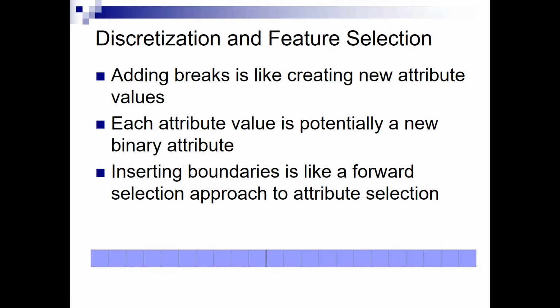But you could think of it as two binary values, one that's A versus everything else, and the other that's B versus everything else. Now, if you add another split, it could similarly be one nominal attribute with three values or three binary attributes. Therefore, every time you insert a split, you could think of it as analogous to a forward selection feature selection approach where you're selecting from binary attributes.